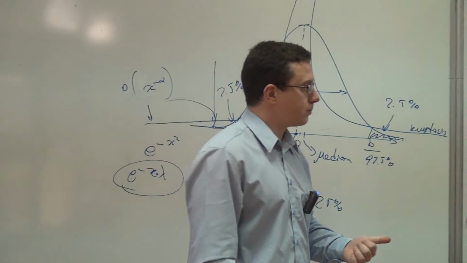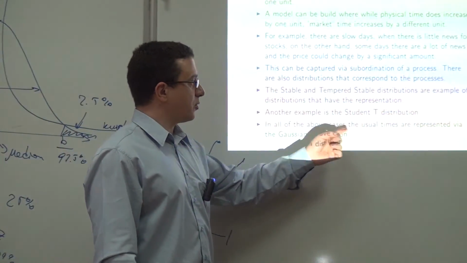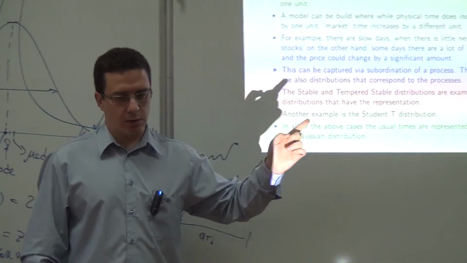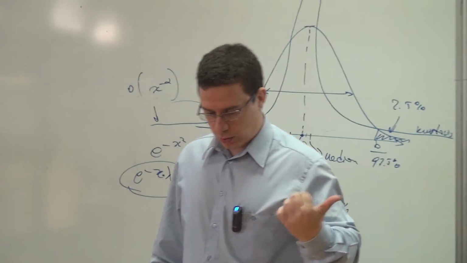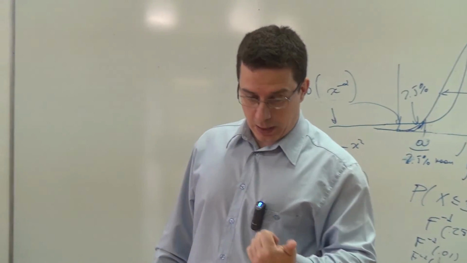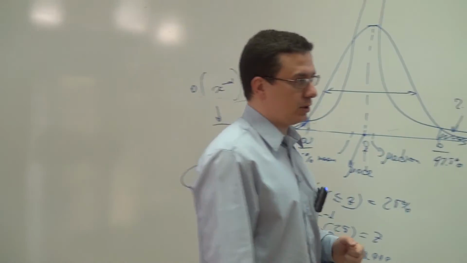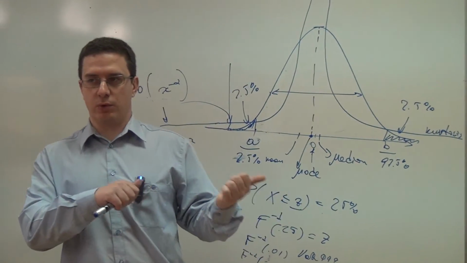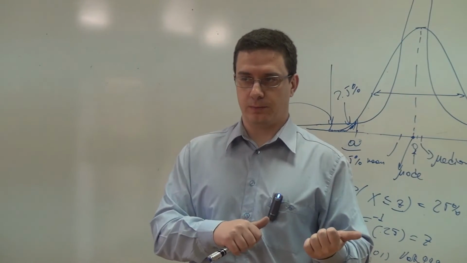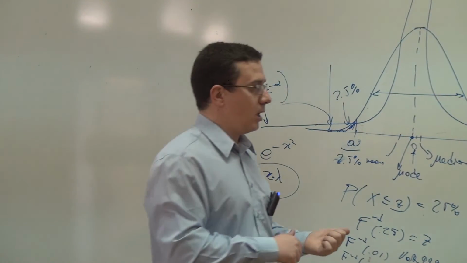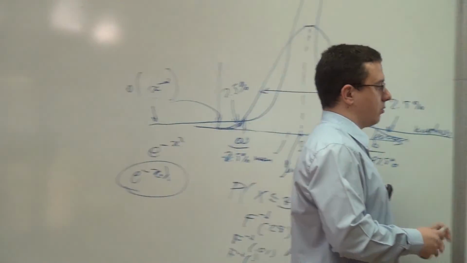And one of the distributions I haven't spoken about so far, but we also have it in the system, and people are using it for financial time series, is the Student t distribution. It also has a subordination representation, and it's actually quite natural.